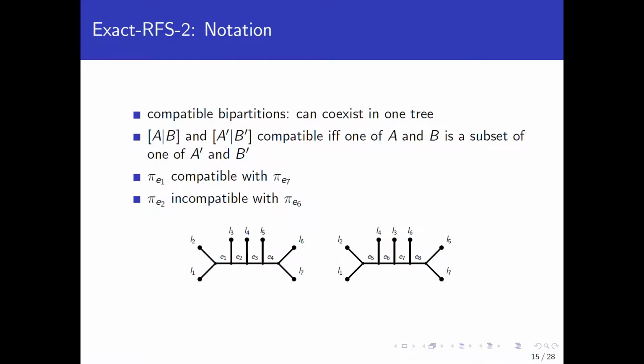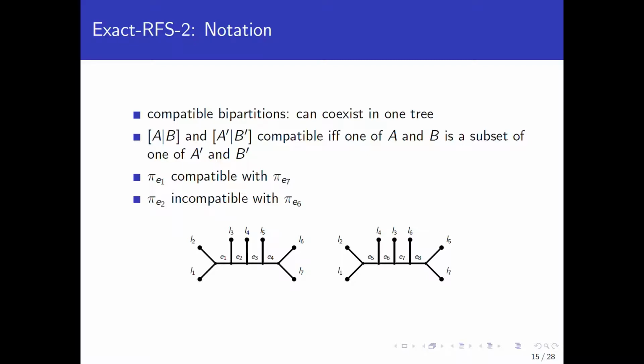We introduce a few more notations. So two bipartitions are called compatible if and only if they can coexist in one tree. It's also provable that two bipartitions A, B, and A prime, B prime are compatible if and only if one of A and B is a subset of one of A prime and B prime.